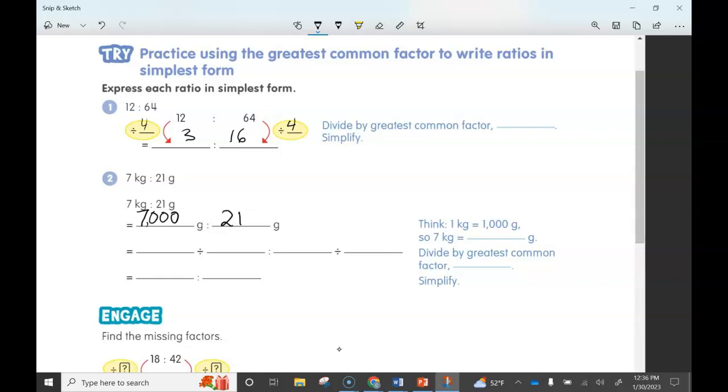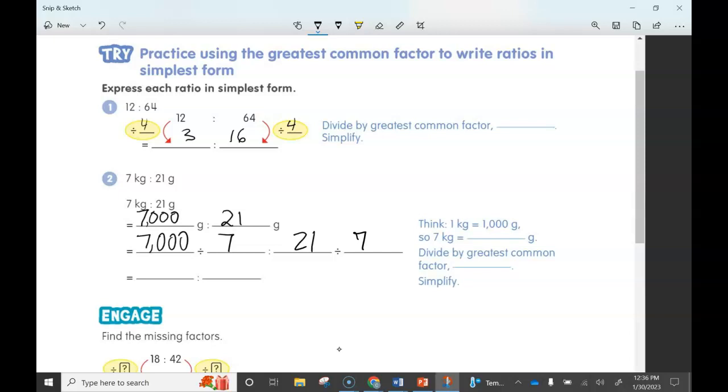So that means what we will do is divide both parts of our ratio by 7, the greatest common factor. All right, so we have 7,000 divided by 7, and we're also going to take that 21 and divide it by 7.